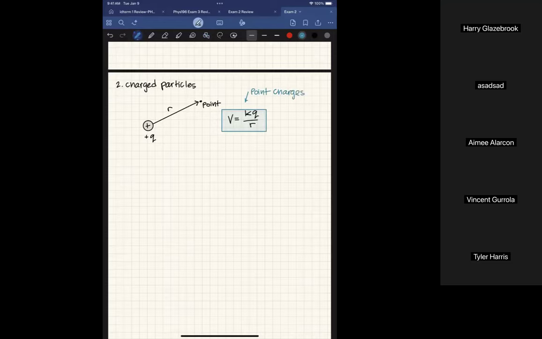If I have multiple point charges and I want to find, let's say, the net potential at some point, then it's just the sum of the individual potentials. Again, a lot of this is going to become clear when I do the practice problems.